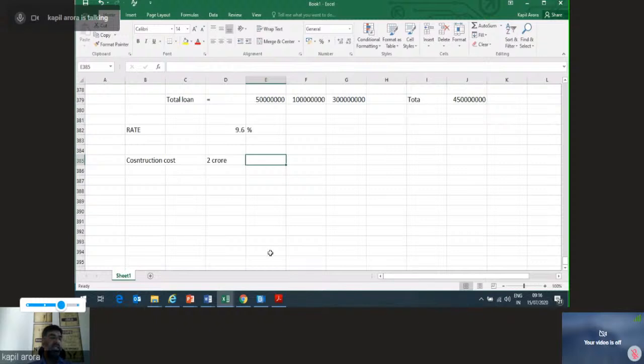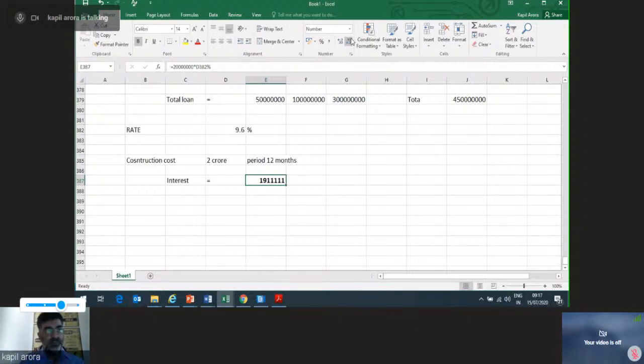So on that, if the period is, let's assume period is 12 months, my interest which will be capitalized would be 2 crore multiplied by 9.6% interest. So this will be capitalized in the value of asset. I hope this is fine with everybody.